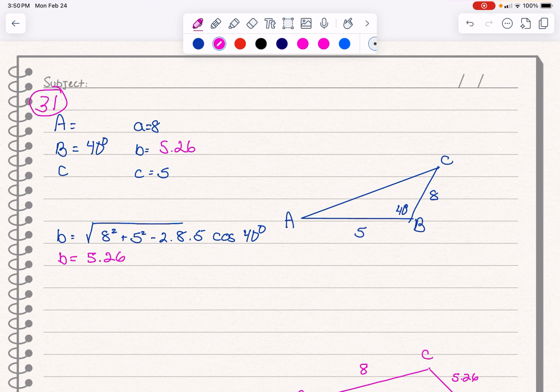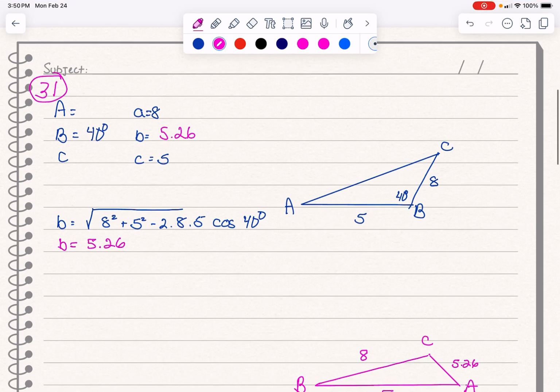Okay, so what they did was they used the cosine law a second time, but for now let's not do that. Side A is 8, and that's my longest side, so it has to have my largest angle.